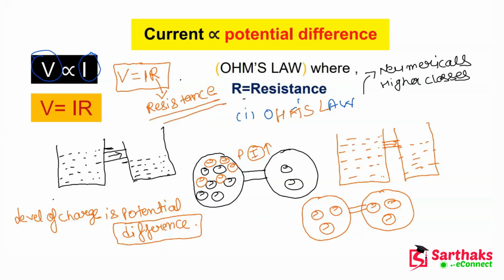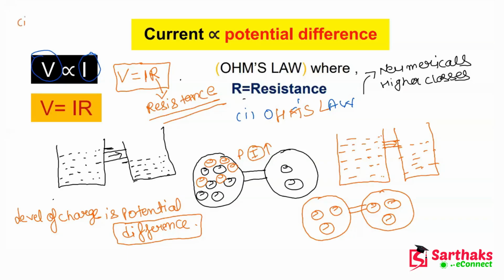Okay, so once again, let's talk about resistance. What we have seen is that our current is directly proportional to, or dependent on, the potential difference. If I remove this proportionality sign, then I will have to add a constant, and this constant is known as resistance. So now here we have seen two conclusions.